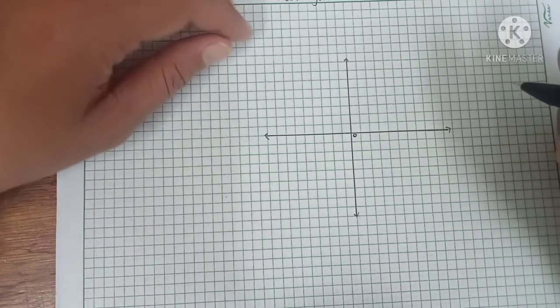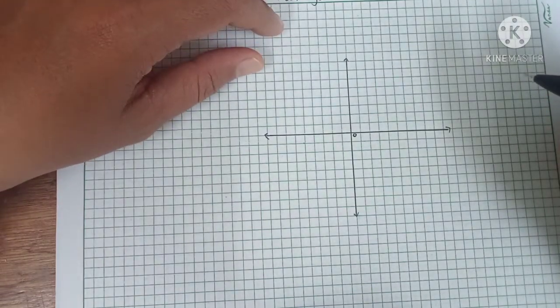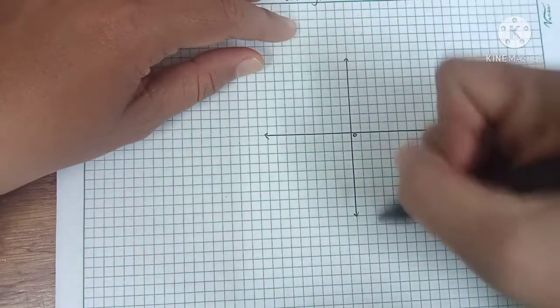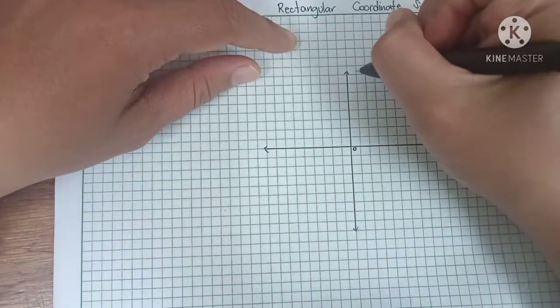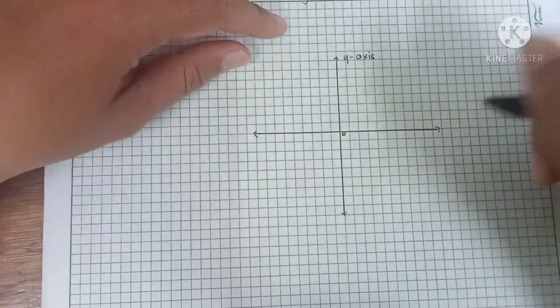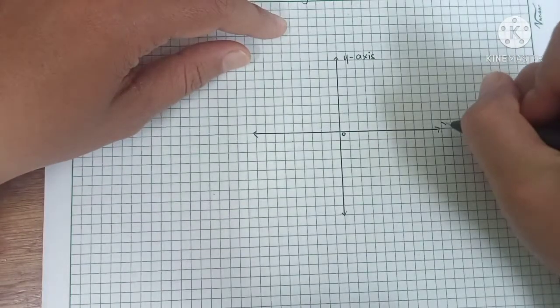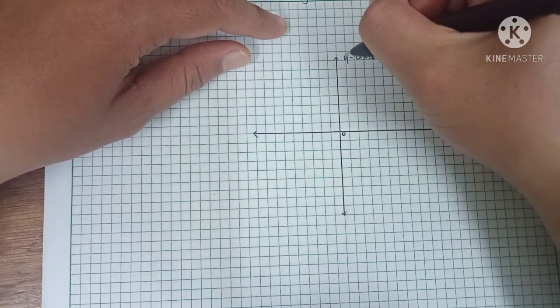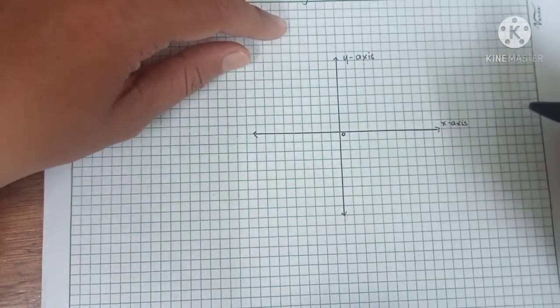What are the things we're going to identify here? This vertical line is called the y-axis, and the horizontal line is called the x-axis. This is y and this is our x.